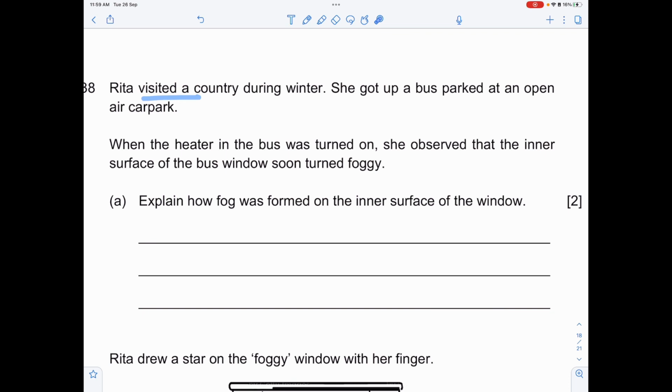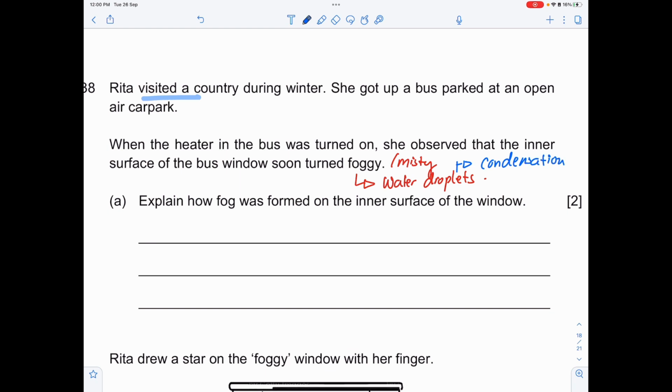When you see the word foggy, misty, clouds, smoke, you know straight away it's got to do with water droplets, because you're able to see them. It cannot be water vapor because water vapor is invisible to the eye. These water droplets would then signify that condensation has occurred.